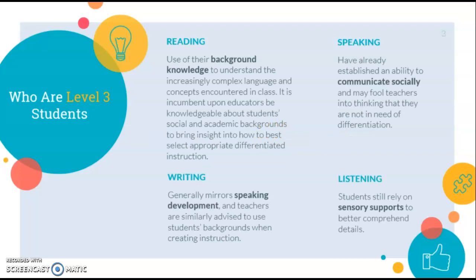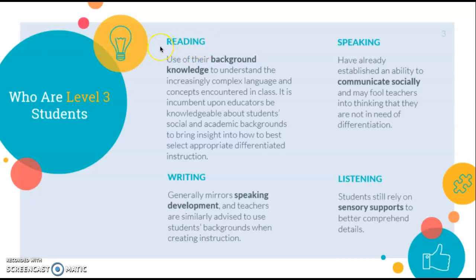So, some overview of listening, speaking, reading, and writing domains of level 3 differentiation. As we mentioned, students in level 3 need sensory support to construct meaning. As for reading, students continue making sense of simple text and derive meaning from increasingly complex writing.